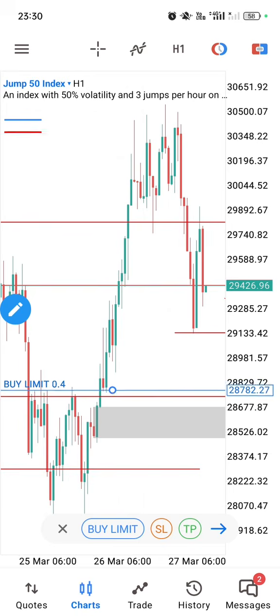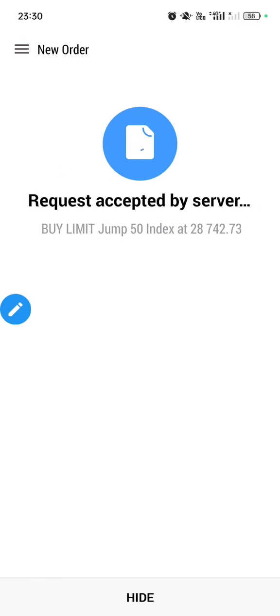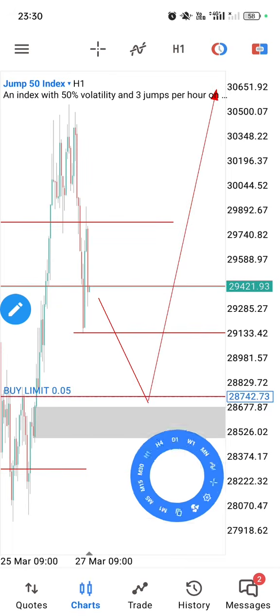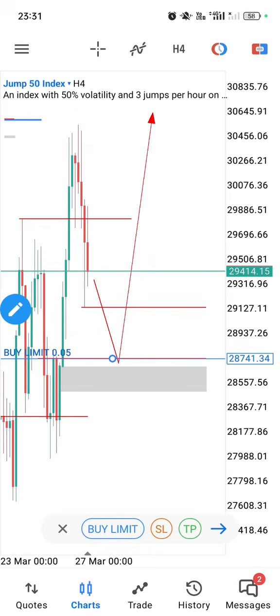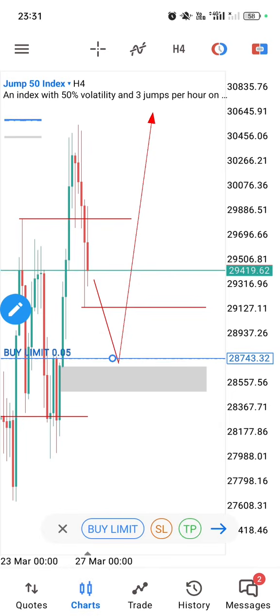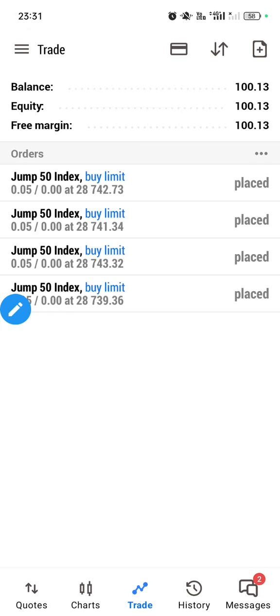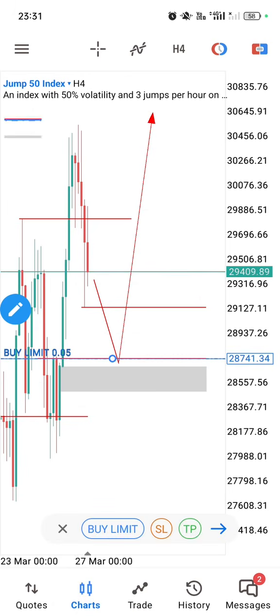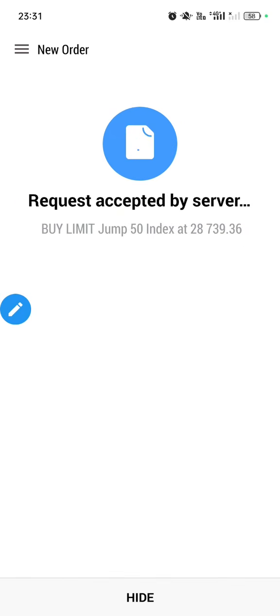I went in a bit strong because I think the 100 USD account can handle a bit of negatives. Jump 50 is powerful enough if you enter bigger lot sizes. There are some other instruments that are not powerful even if you enter high lot sizes. But I went in with 0.4, I think.